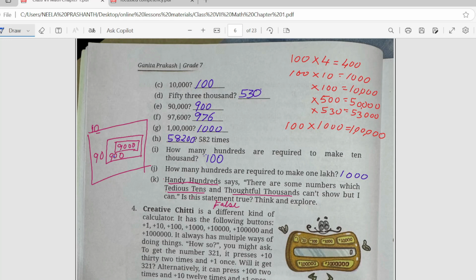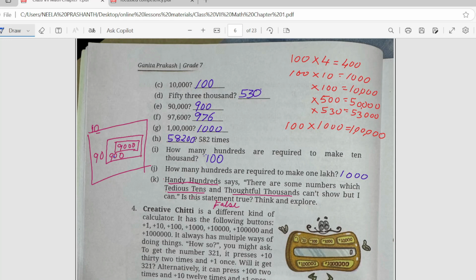So you can understand why I have shown this box here. The calculator which is having Tedious Tens can show all the numbers: hundreds, tens as well as thousands. But the Thoughtful Thousands calculator can show only numbers of thousands multiples.